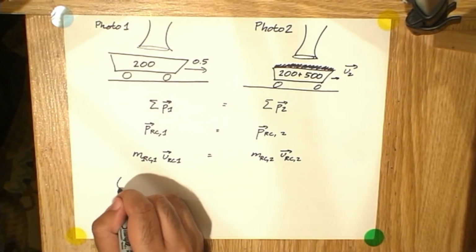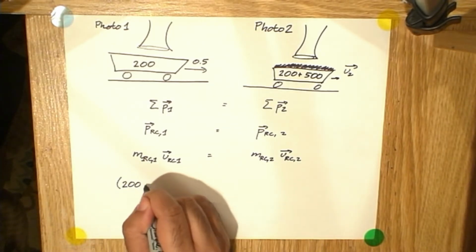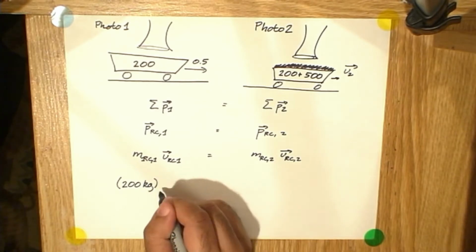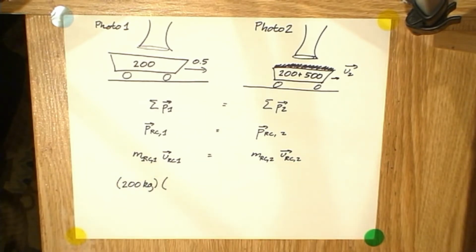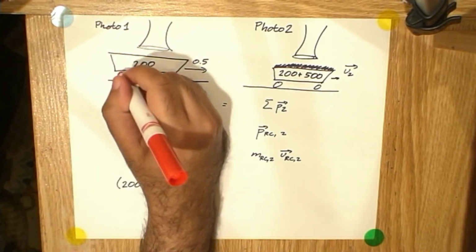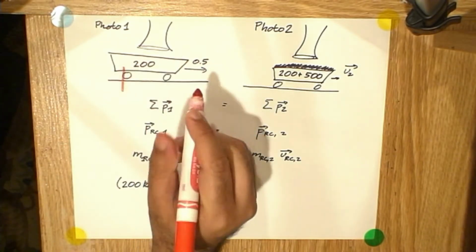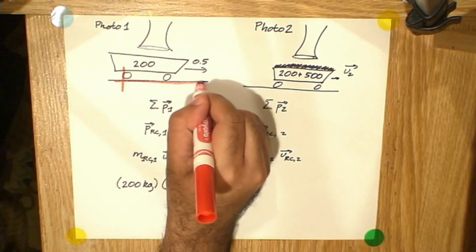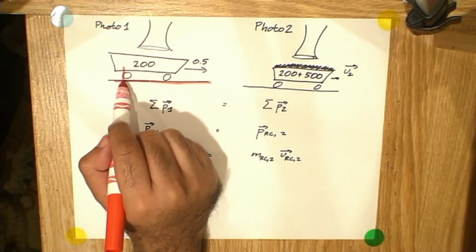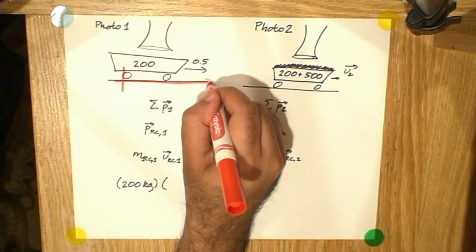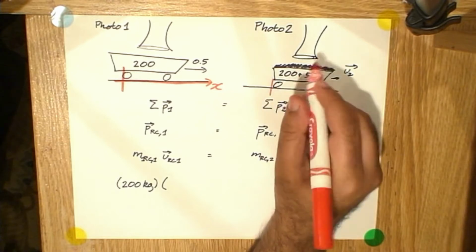The mass of the rail car is 200 kilograms. The velocity of the rail car is 0.5, but you'll notice that I didn't follow one of my own rules, right? I didn't set the axes. I'm going to set the origin to be the back wheel of the rail car. I will set rightwards as positive.